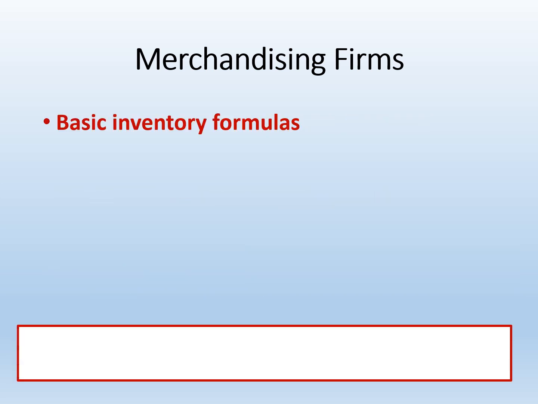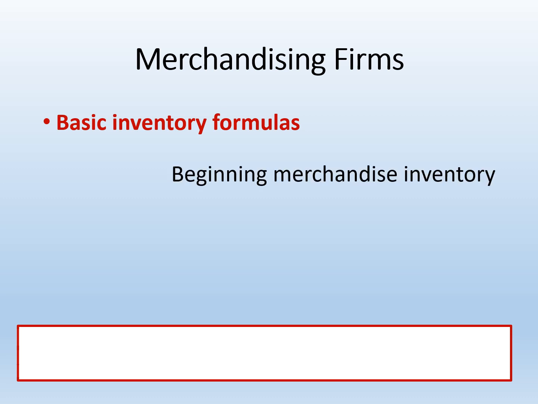We need some basic inventory formulas so that we can understand what happened to our inventory costs during the period. The firm starts each period with a merchandise inventory beginning balance. That is, merchandise that the firm purchased in a previous period but didn't sell during that period.